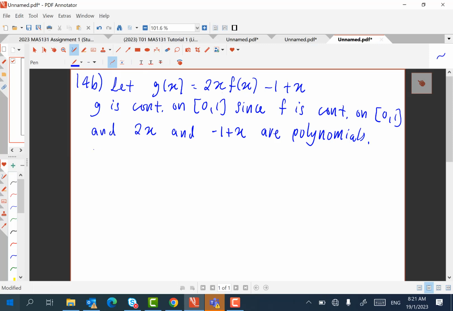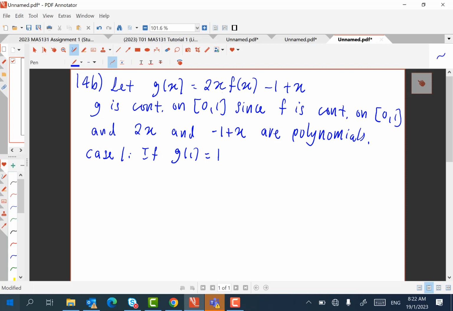Okay. So for this question, let's have a case 1. If g(1) is equal to 1, okay?